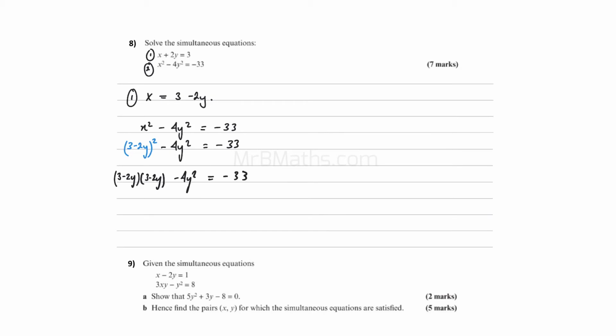And if I expand this out, so FOIL, I'll end up with 9 minus 6y minus 6y plus 4y squared minus 4y squared equals negative 33. Then tidying this up, I'll have 9 minus 12y equals negative 33.